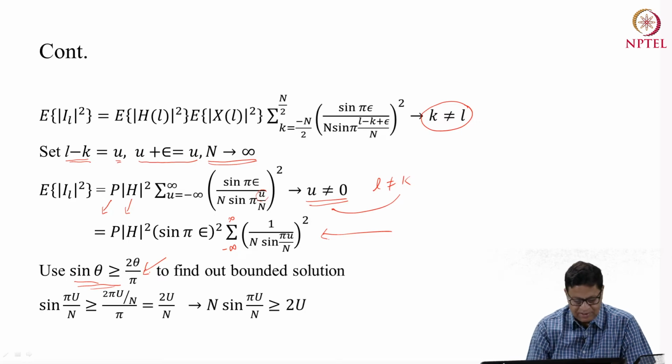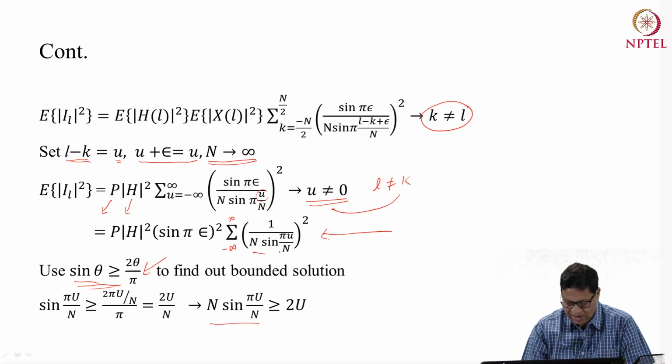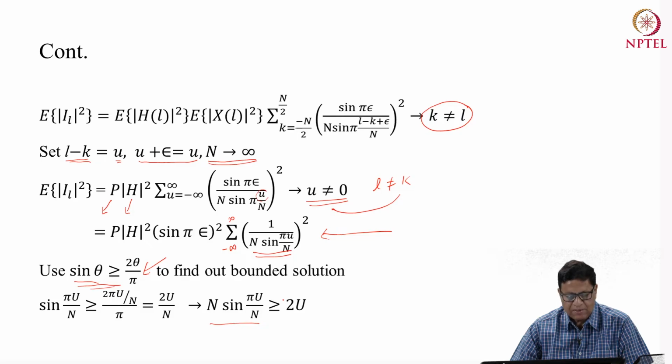By doing this, sin(πu/N) will be greater than 2πu/N divided by π, which is 2u/N. Which means N sin(πu/N), the whole expression here, is greater than 2u. So using this approximation, we find the bounded solution.